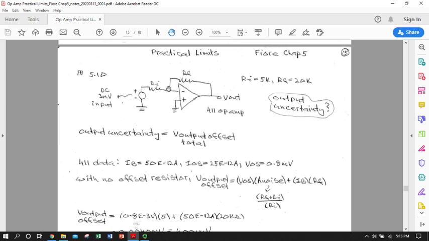And so that's coming in on the inverting terminal. We don't see anything like an offset resistor, so we'll have to assume that it's not there. And somebody wants to know if I'm using a 411 op amp and I have these values for a 20 kilo ohm feedback resistor and a 5 kilo ohm inverting input resistor, what's the uncertainty in my output?